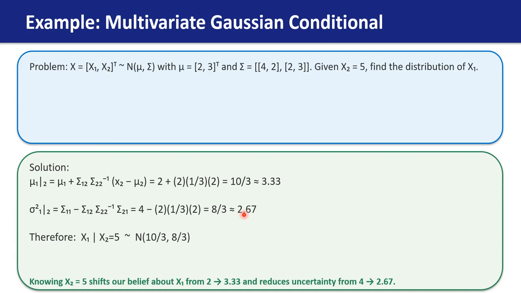Our uncertainty dropped from 4 to 2.67. Knowing x2 reduced our uncertainty because the variables are correlated. So the answer is x1 given x2 equals 5 follows a normal distribution with mean 10/3 and variance 8/3. This is the answer.